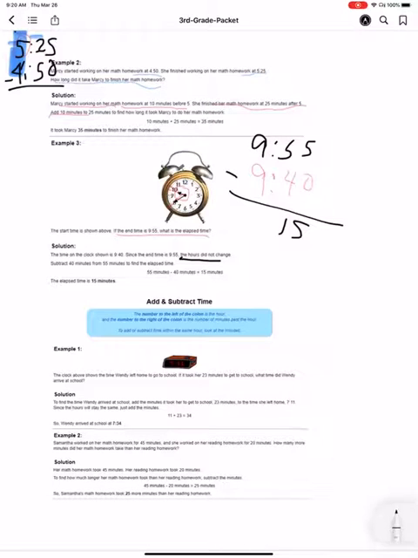Okay, so looking down here at elapsed time again. Here again, they add and subtract. They say the clock time above is the time Wendy left home, 7:11. It took her 23 minutes to get to school. So if it's 7:11, it takes her 23 minutes to get to school. We need to know what time she arrives at school. What does that sound like to you?